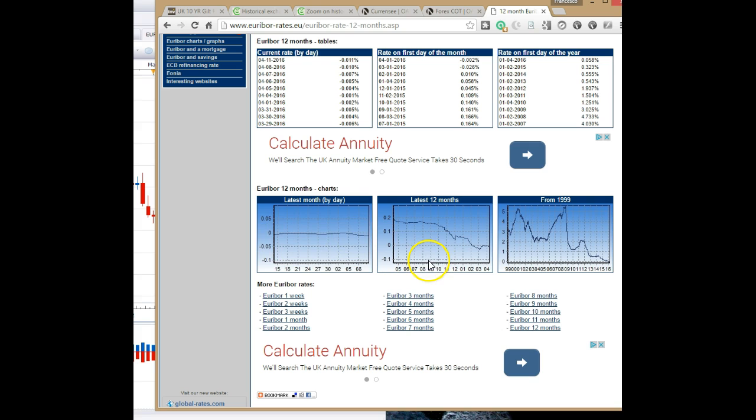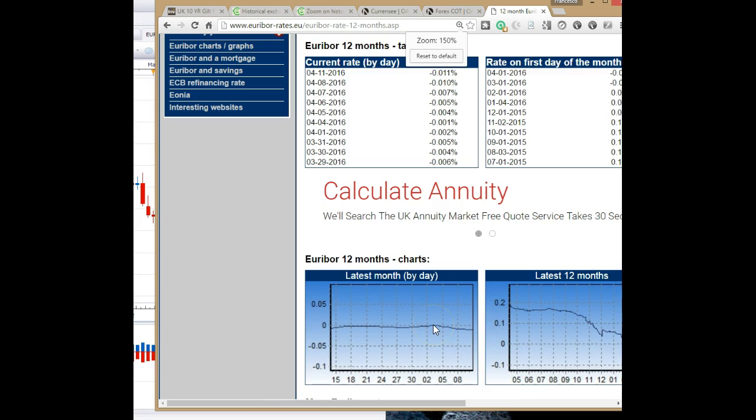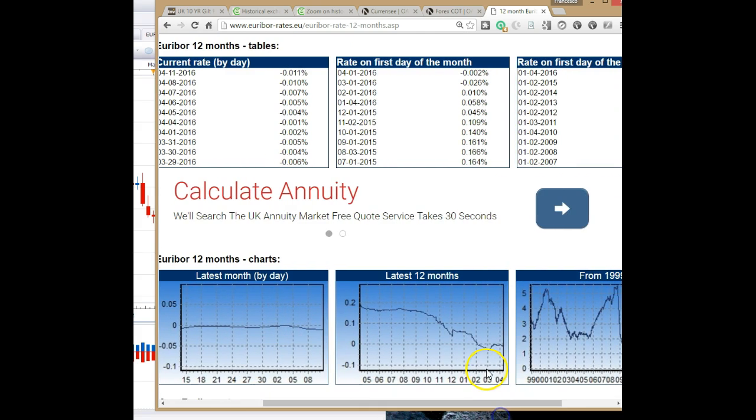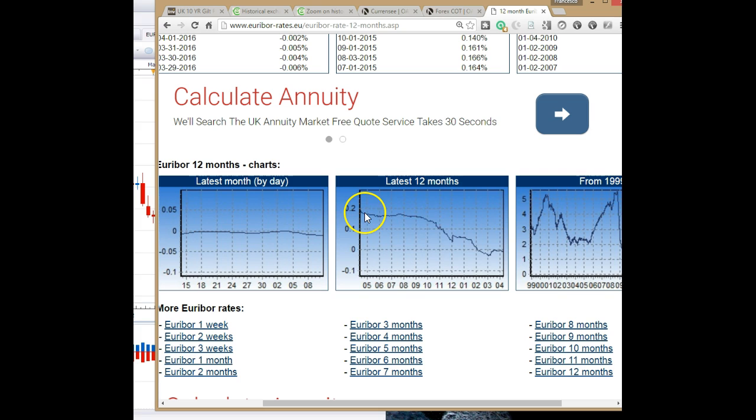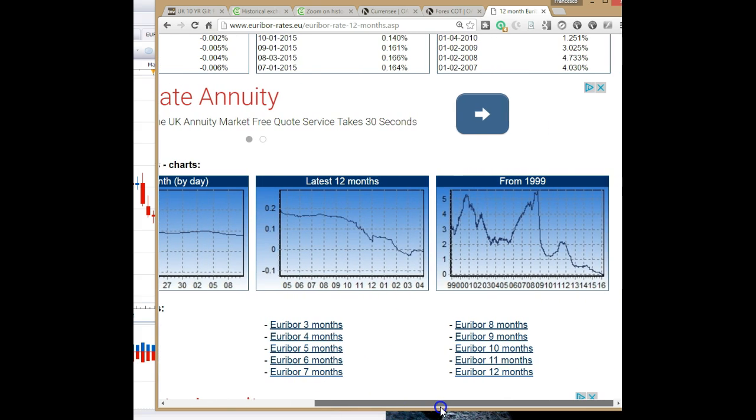If you look at the 12 months, I can't really get the charts open, but it's this small chart here. See if I can get it bigger. Okay, that's it. So 12 months has dropped from 0.2 to negative 0. This is basically where we are with the EURIBOR, and this has dragged the euro pretty much down, or any prospect of the euro rising.